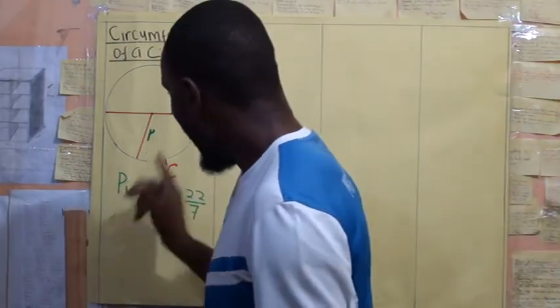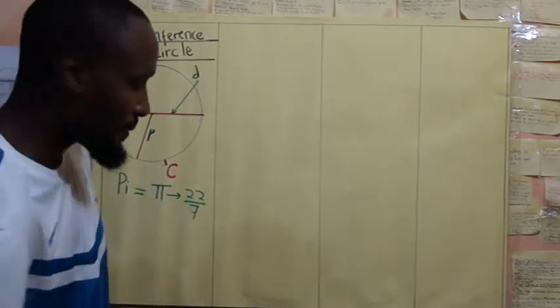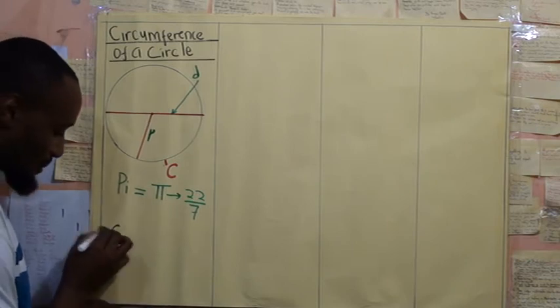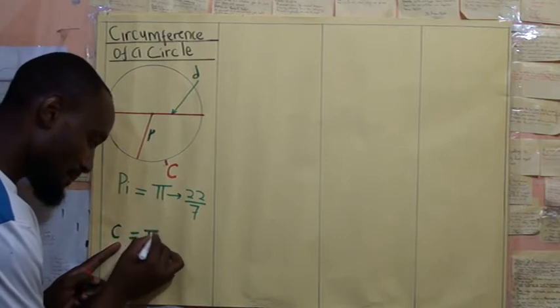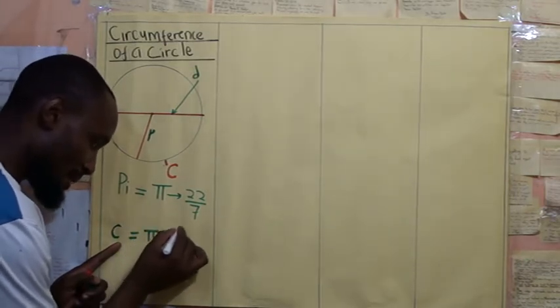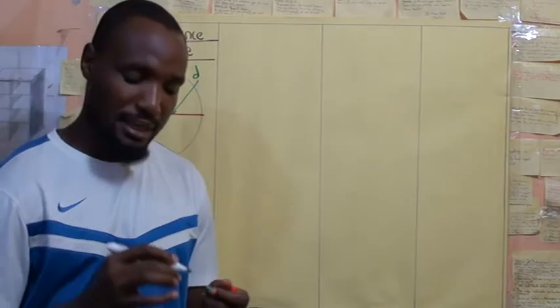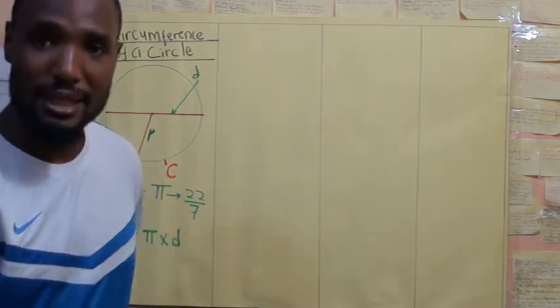Now, how do we get the circumference of a circle? Circumference, which is represented by C, is given by pi times diameter. But what have I said pi is?